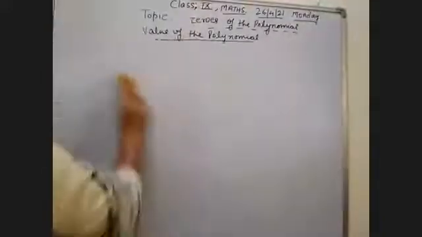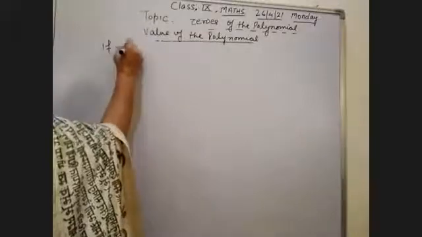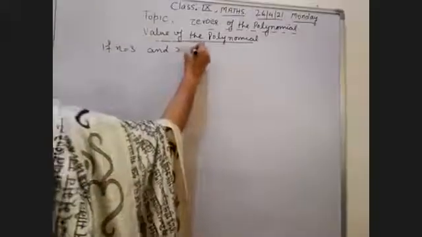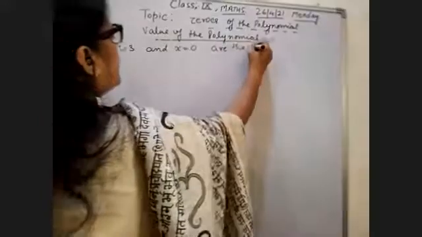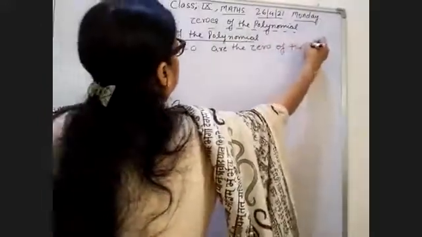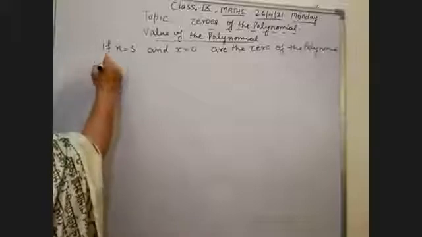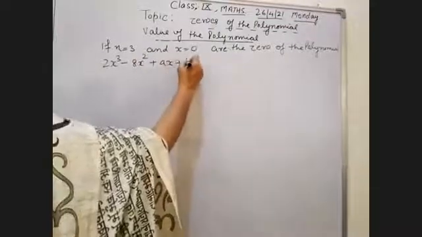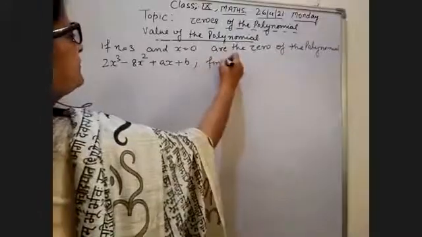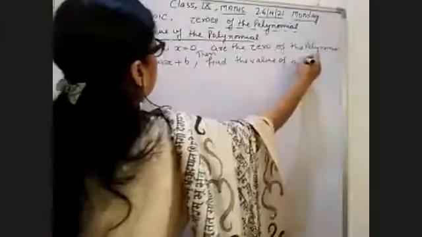Now, one more question I am taking. Note down this question: if x equals 3 and x equals 0, here two values are given in this question, are the 0s of the polynomial 2x cube minus 8x square plus ax plus b, then find the value of a and b.